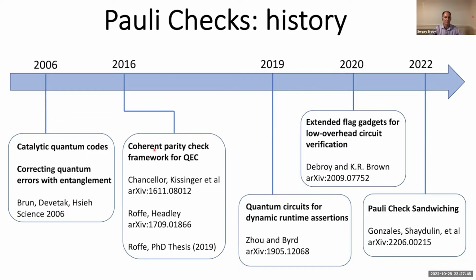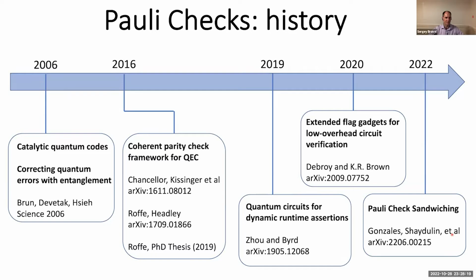And these coherent parity checks are essentially identical to the Pauli checks that we use here. And as I already said, this idea was brought into the context of error mitigation by Ken Brown and Ken's collaborator. And more recently, it was rediscovered by Gonzales, Shaydulin, and others.